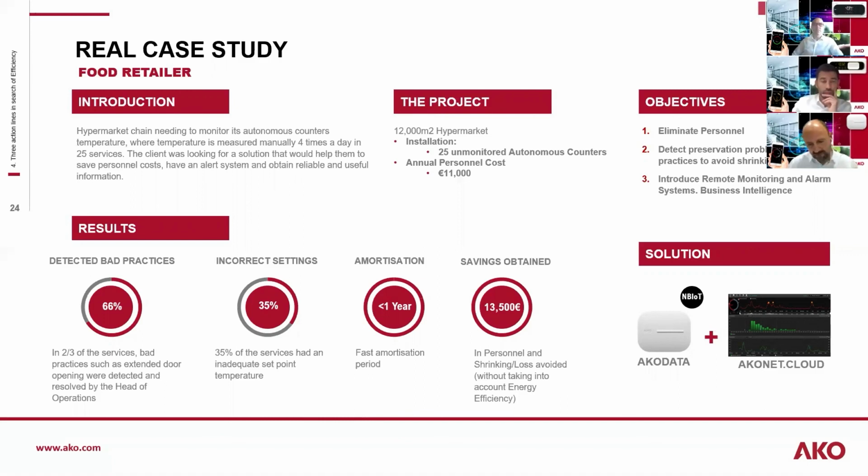We corrected 35 incorrect settings that were driving increased energy consumption or affecting product quality. The project was real, had a return in less than one year, and in this specific location, additional savings were of five figures. So finally, we understand this connected and smart product easily brings returns to our customers.